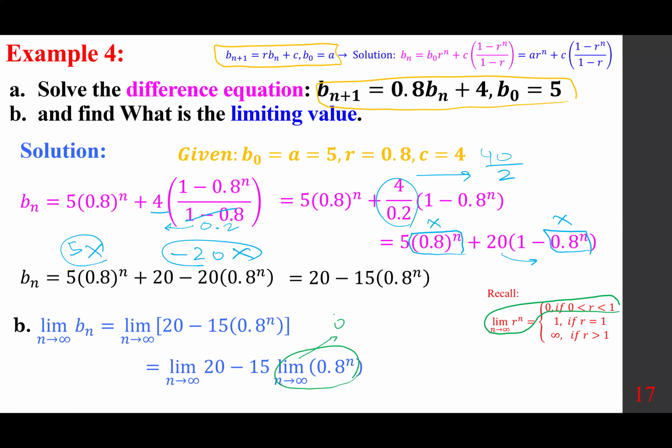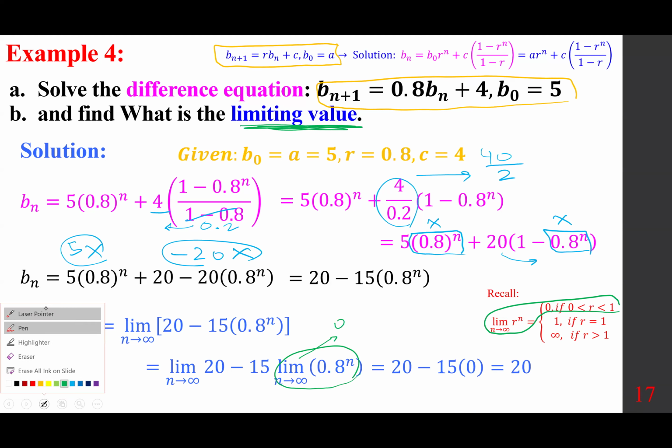So 20 minus 15 times 0, the answer is 20. So that's the limiting value. And again, bear in mind over here, B sub 0 or A was given as 5. Normally dealing with patients, normally it's 0 unless otherwise mentioned.